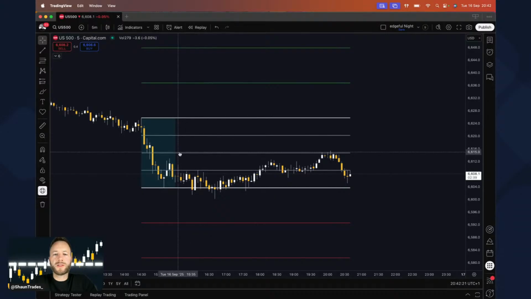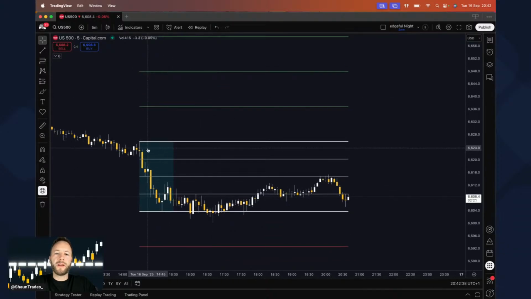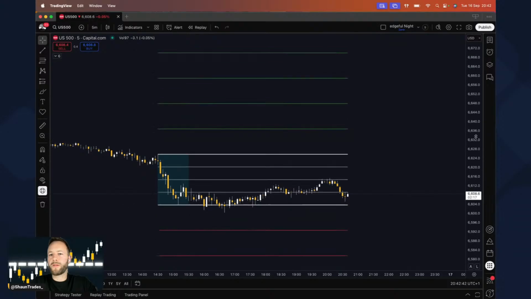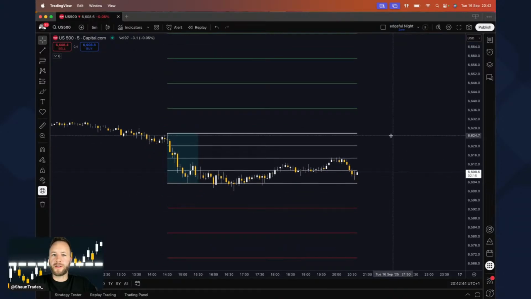You've got the middle range, a bit like a Fibonacci retracement, but for a specific day. And then you've got the 25% line and the 75% line, or first quarter, third quarter. I just do 25, 50, 75 in my head. Then you have the levels generated above and below with these green and red lines.